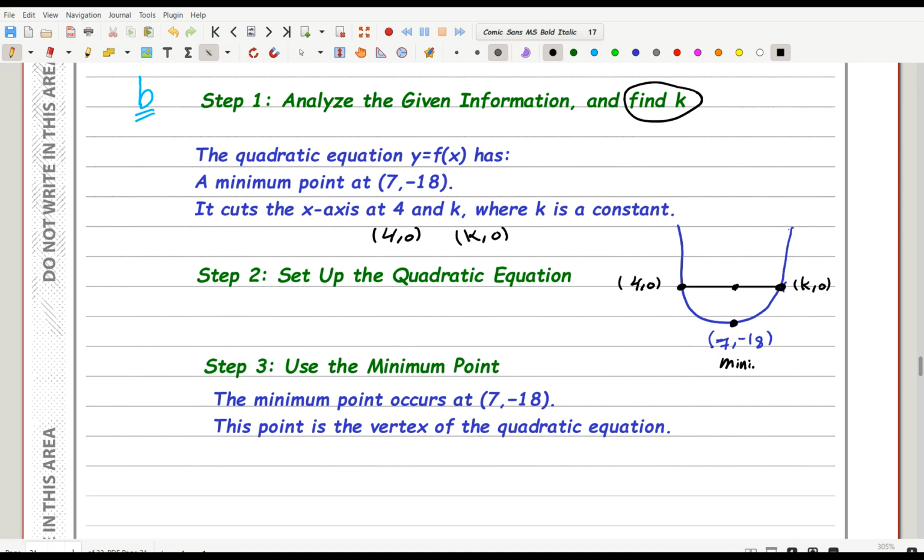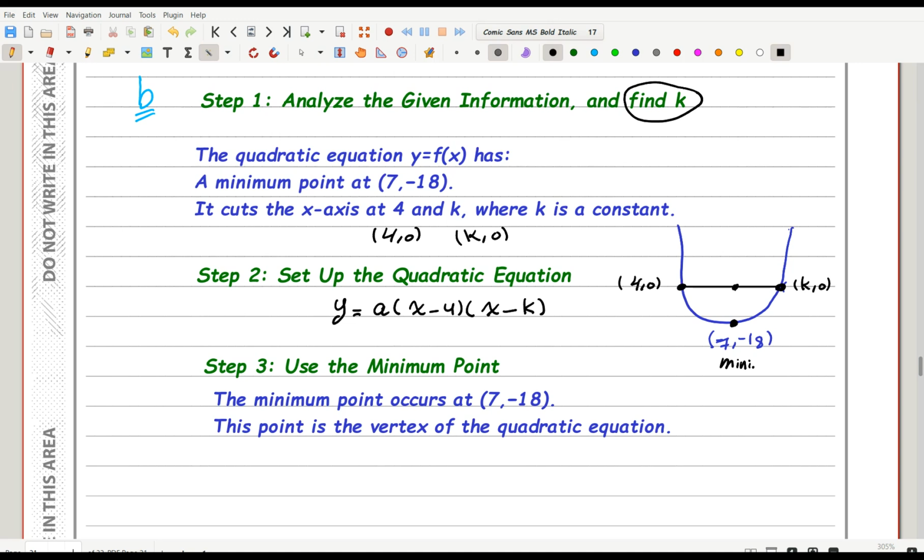So the first step, set up the quadratic equation: y equals any constant a times (x minus 4) times (x minus k).